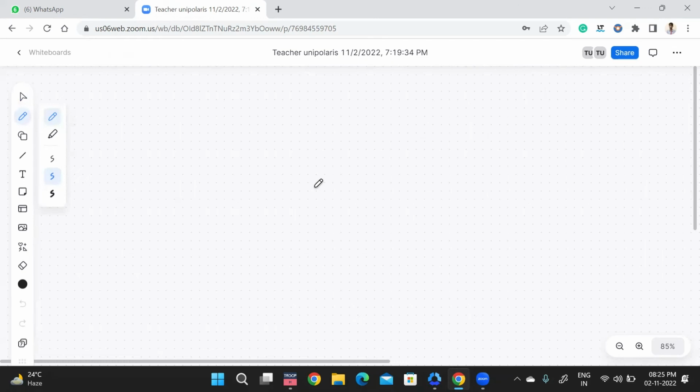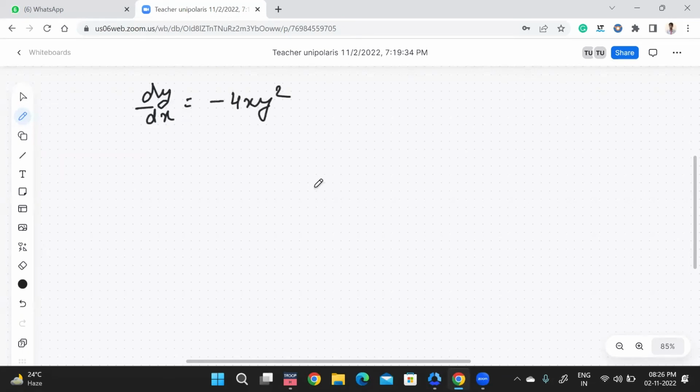The differential equation is dy over dx equals minus 4xy square, and the condition is that y is 1 when x is 0. Let's try to solve this. So you get dy over y square equals minus 4x dx. Next we integrate, integrating both sides.